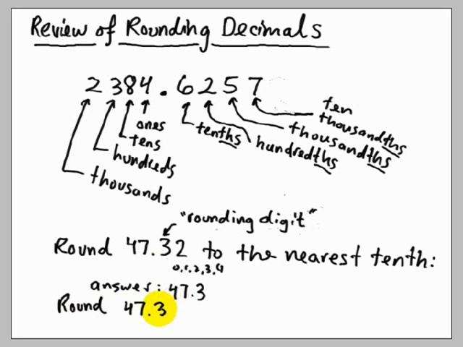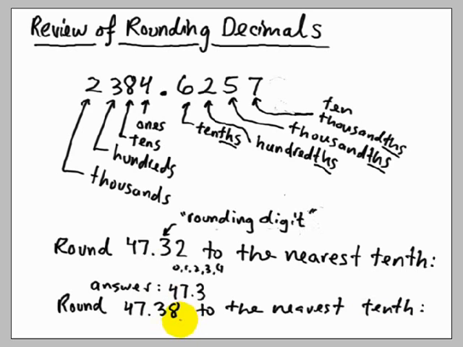How about if it was 47.38, say, okay? And I want to round this one to the nearest tenth. How do I do that? Well, again, my rounding digit is the 3 here, right? So what do I do always? I look 1 to the right, and I look at this number here. It's an 8.